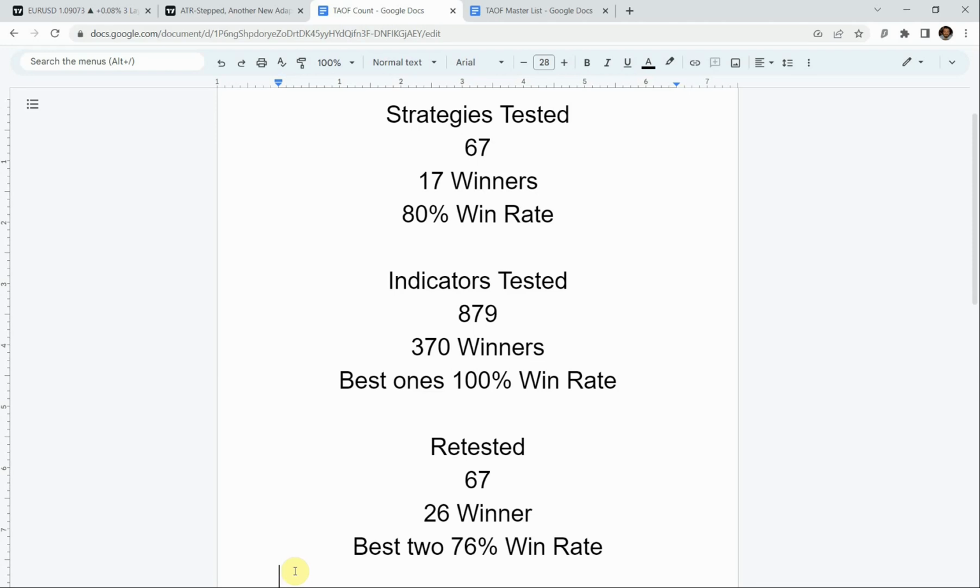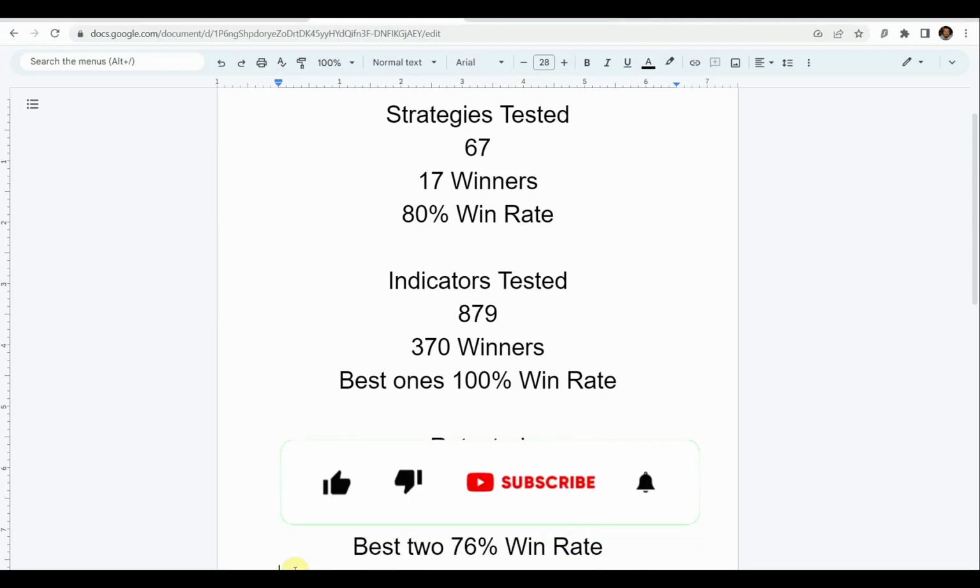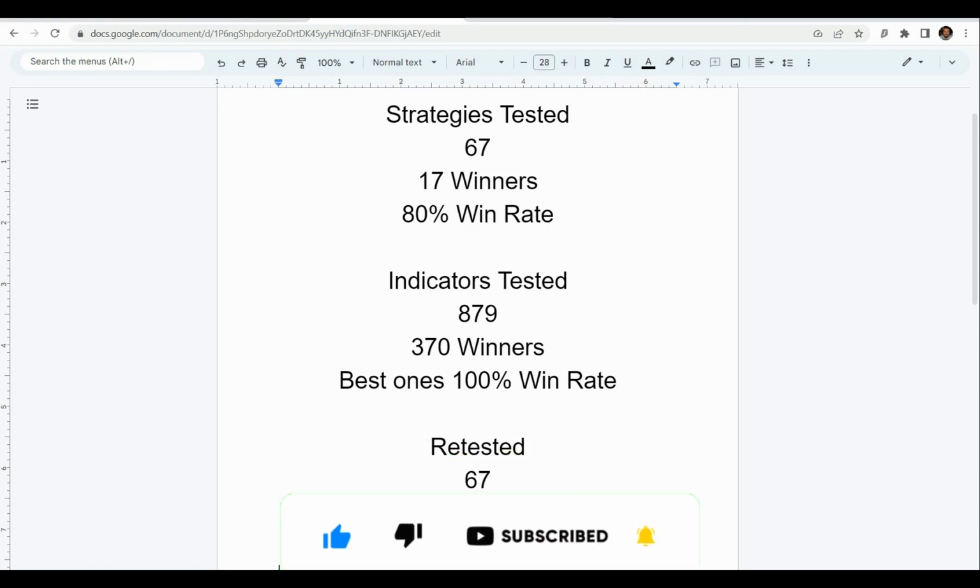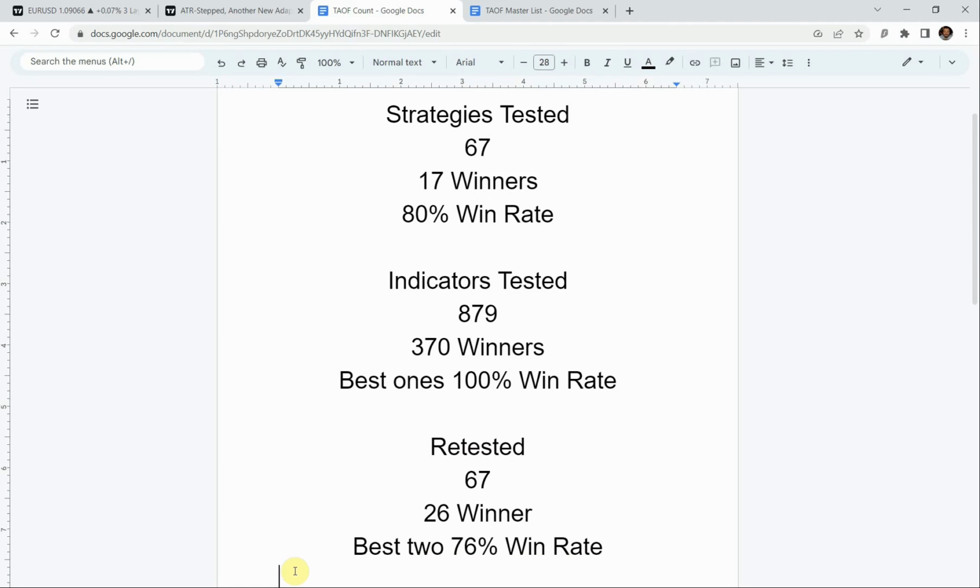We've also retested 67 of the winning indicators in the advanced testing. 26 of them have been able to maintain the winning status, the best with a 76% win rate. Now keep in mind that we test most of these strategies and indicators on the Forex and crypto market, but they can be applied to just about any market and time frame universally.